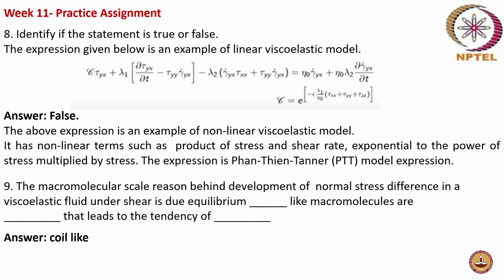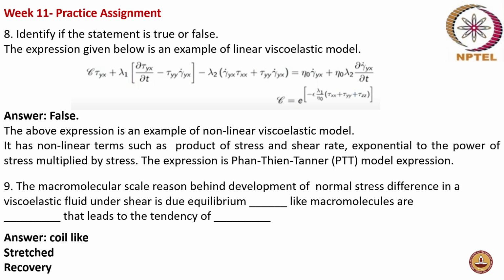So the answer is, under equilibrium, generally the macromolecules will have a coil-like structure. So when shear is applied, the macromolecules are stretched. Once it is stretched, and again when you start coming back to the equilibrium, there is a recovery associated.